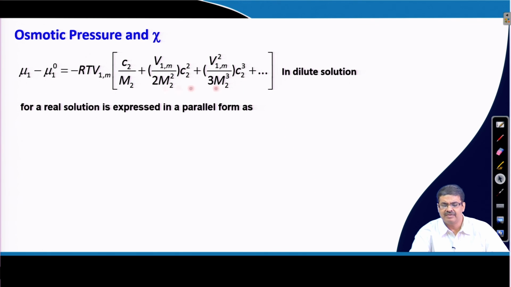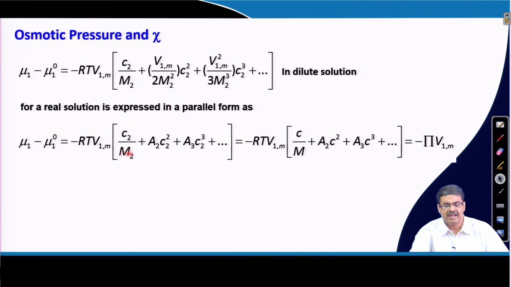So, in dilute solution we can express this quantity as this, but for a real solution we can express this term as a real expression, typically what we do for a real solution, and we can express this term in terms of osmotic pressure and the molar volume of the solvent.